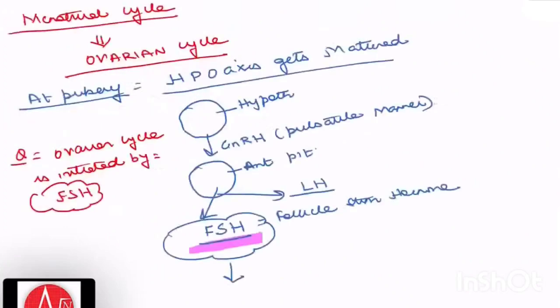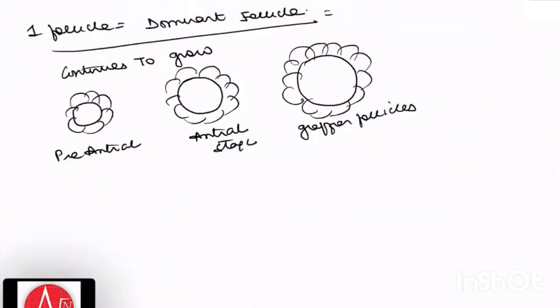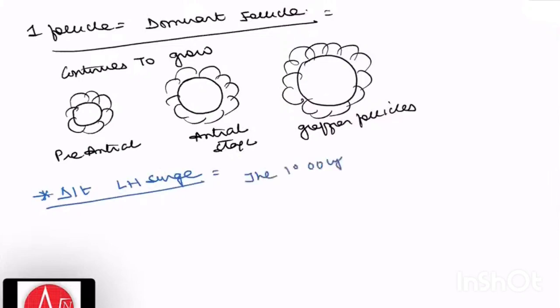So now what this LH is going to do, due to LH surge, what is going to happen? Due to LH surge, the primary oocyte in the follicle will get converted into secondary oocyte.